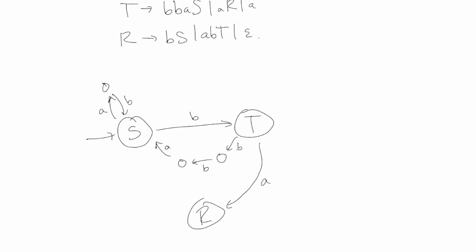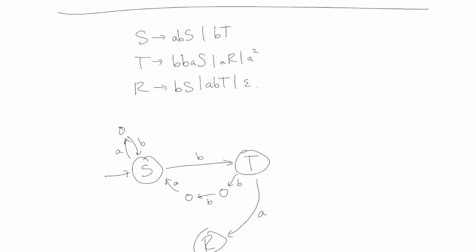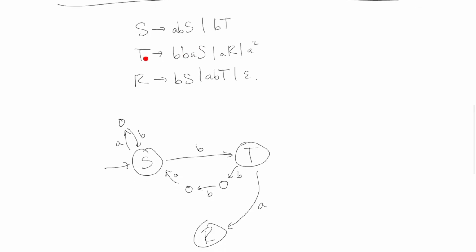My diagram is probably going to look different from yours, but S goes to ABS. You should do it like this, A and then B, back to S. S goes to BT. It's just a simple B arrow like that. T goes to BBAS. That means you're going to make an arrow from T to S, but it has to have a B, then a B, then an A. So that's this. T goes to AR is just one of those. T goes to A squared.